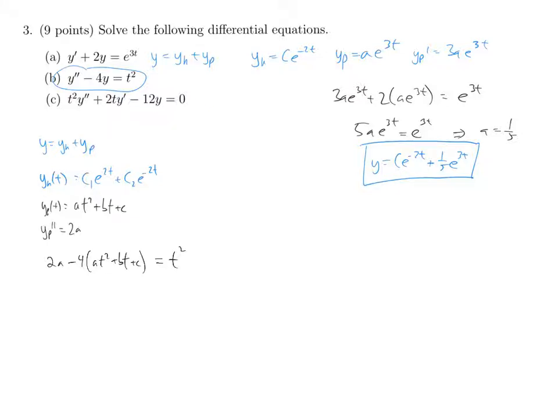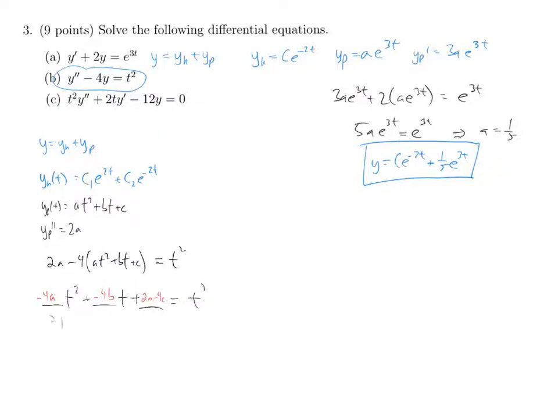Did I do that right? Okay, so we have something times t squared plus something times t plus something equals t squared. So what goes in here? Let's see. So we have a negative 4a, which goes there, and then we're going to have a negative 4b that goes here, and then we're going to have a 2a minus 4c that goes here.